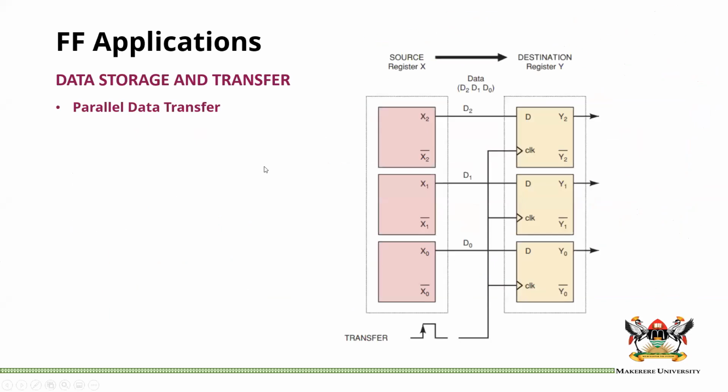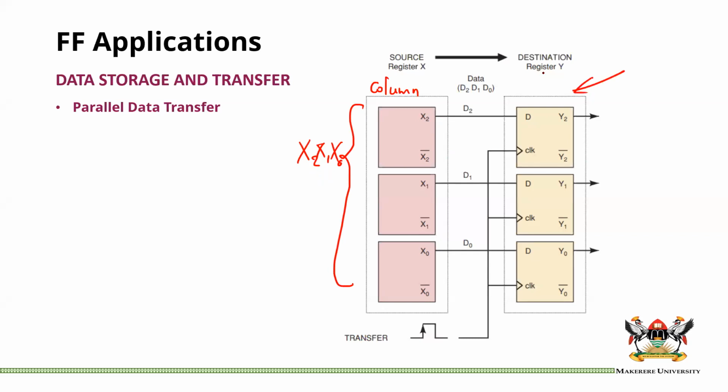In parallel data transfer, you have your registers arranged in this way, in a column sort of. In this case, you can see we have 3 flip-flops, and here we have 3 flip-flops also. Each flip-flop is connected to the next flip-flop. Obviously, this creates a word that is x2, x1, x0, where x2 is the most significant bit and x0 is the least significant bit.